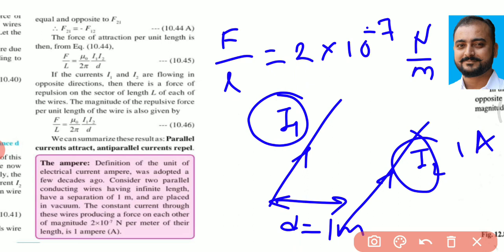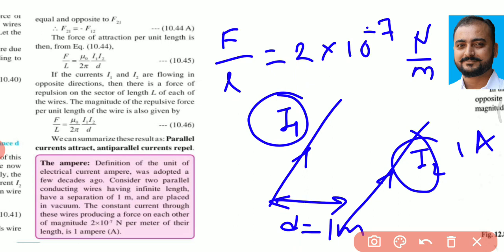Understood? What is the definition? Simple. I repeat it again. When two long straight parallel current carrying conductors, carrying a current of 1 ampere each, are separated by a distance of 1 meter, then the force acting per unit length, whether attraction or repulsion, is equal to 2 into 10 to the power minus 7 Newton per meter.